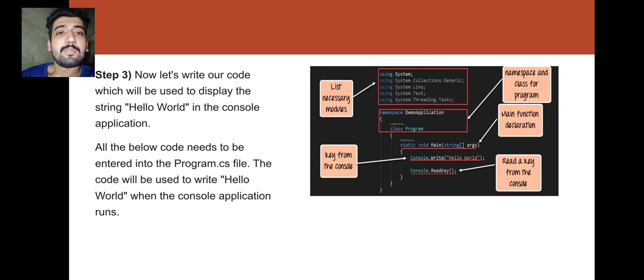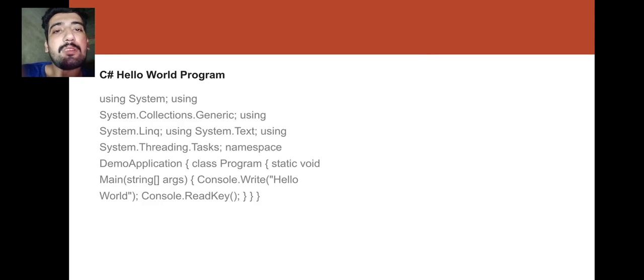Third step: write your code. Here we create the Hello World application, and all the code needs to be entered in the program file. Use Hello World to run the application.